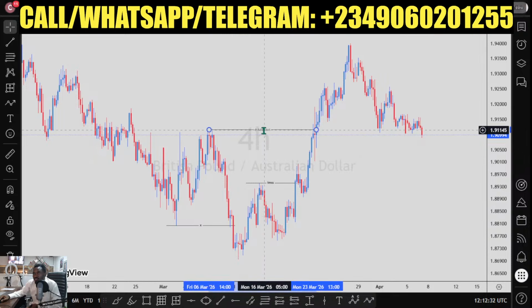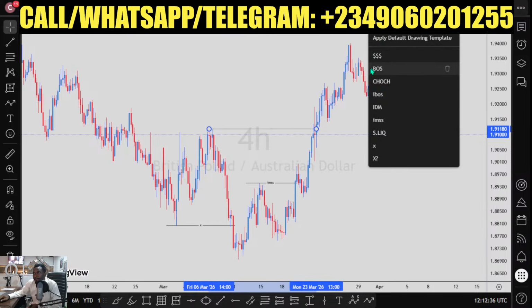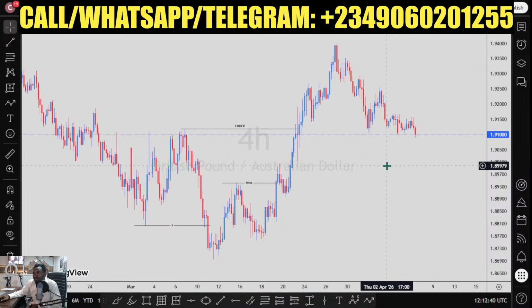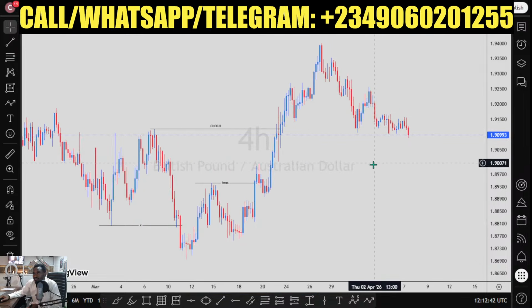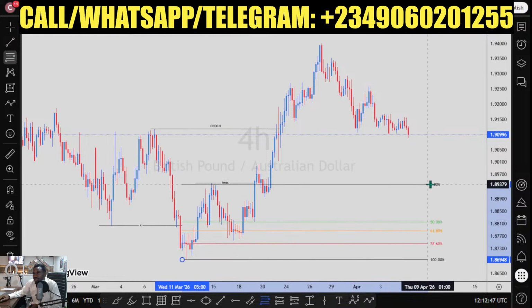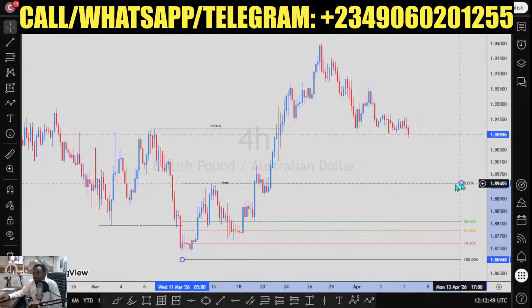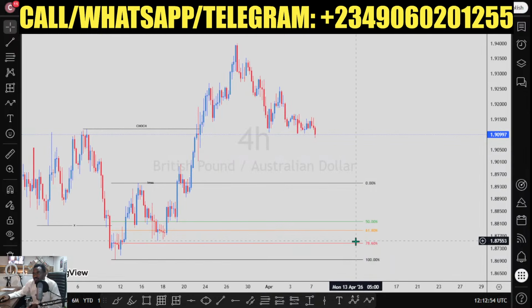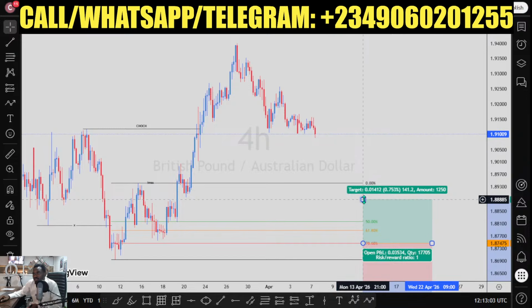Some would prefer to call it a change of character. From this low here, let's see our possible point of retracement. Let's see price retracing to 1.8730, somewhere around this zone, then for a mark up.